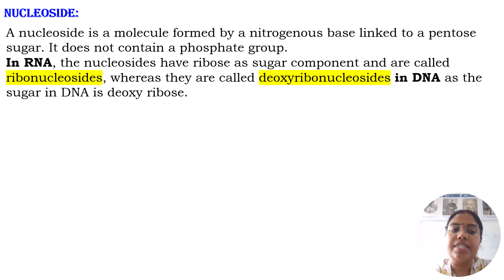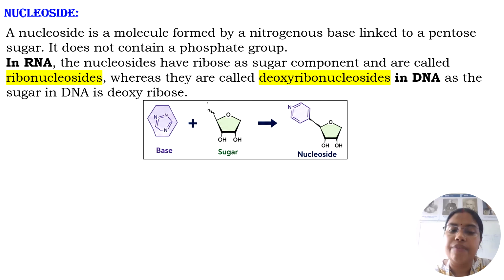If only the nitrogen base and the sugar molecule are present, then we can say it is a nucleoside. In RNA, the nucleoside has ribose as the sugar, so it is known as a ribonucleoside. But in the case of DNA, the 2-deoxyribose molecule is present, so we can say it is a deoxyribonucleoside in the case of DNA.